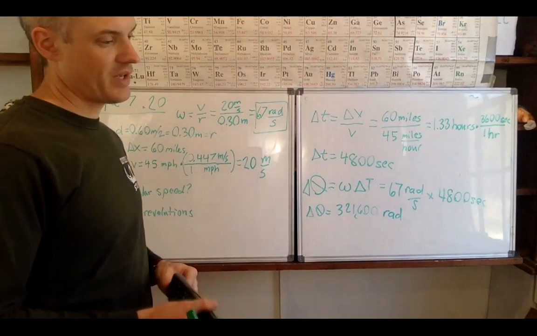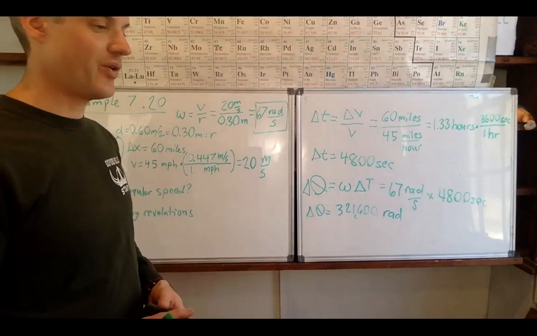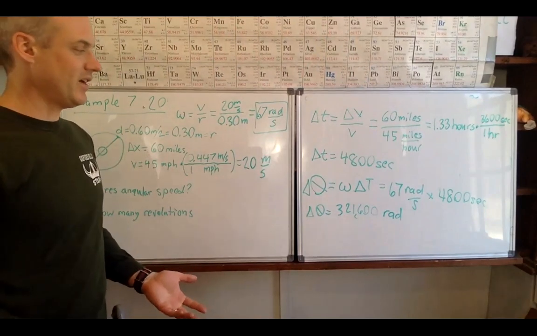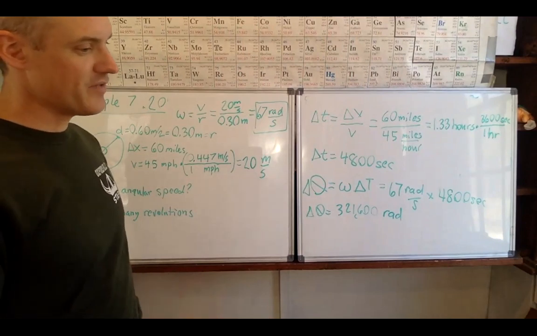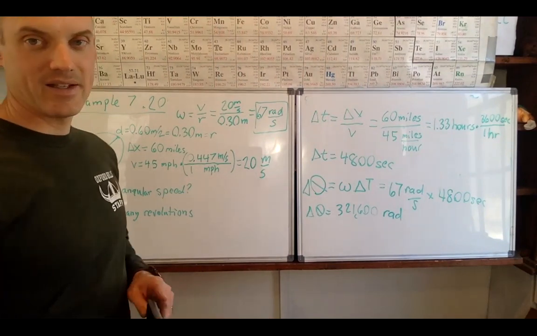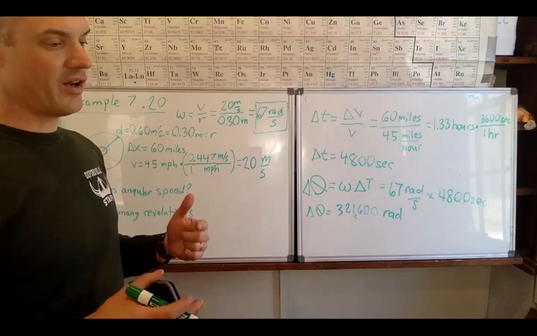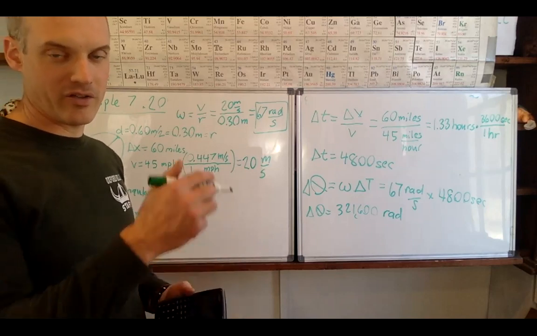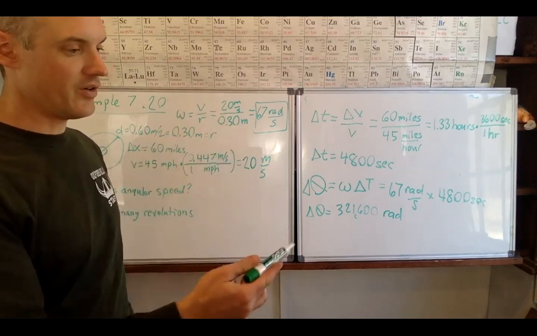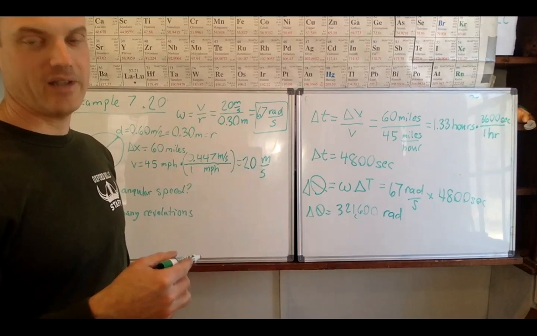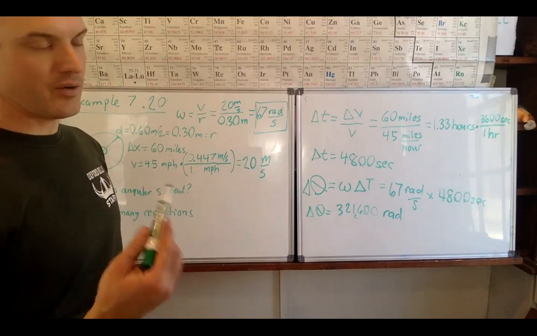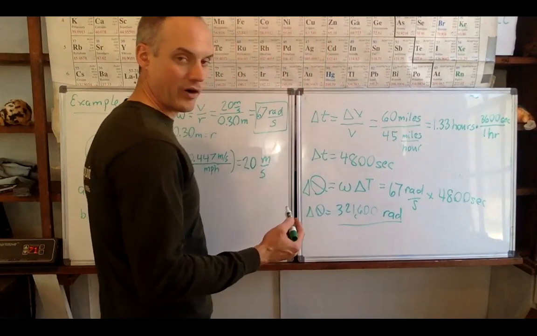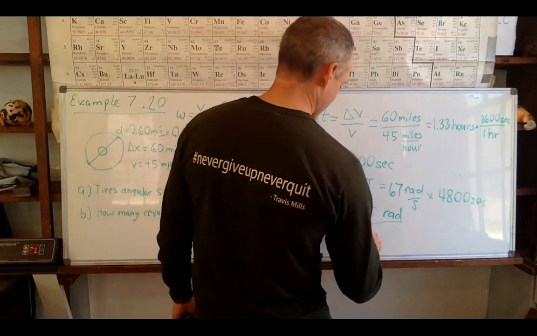All right, so that's not how many turns, though. To find out how many revolutions the wheel actually had, all we have to do now is divide it by 2 pi, because we want to know turns, and each turn is 2 pi. In the unit circle, a revolution is equal to 2 pi. Half a revolution is pi. So we're going to divide this by 2 pi to get it out of rads to turns, like revolutions.